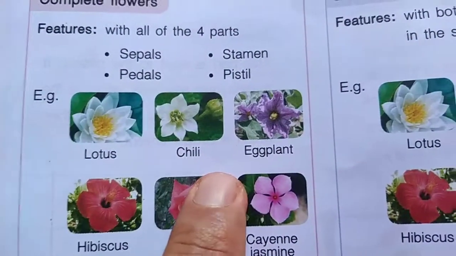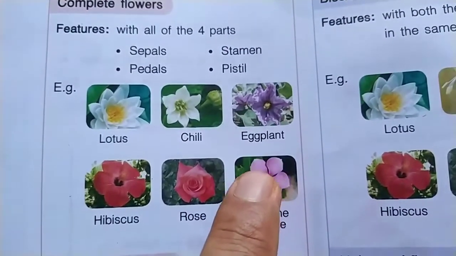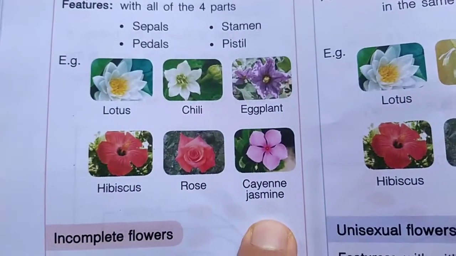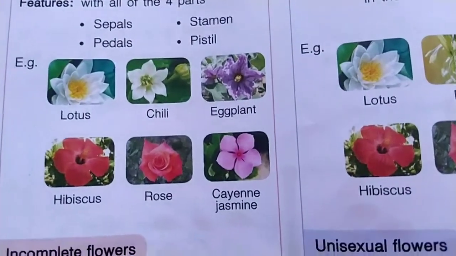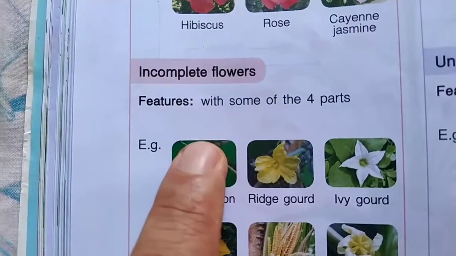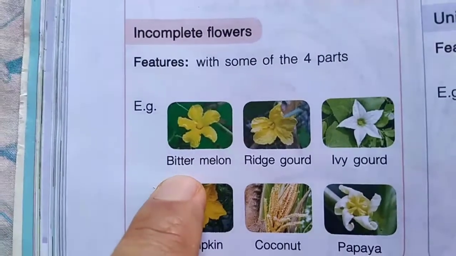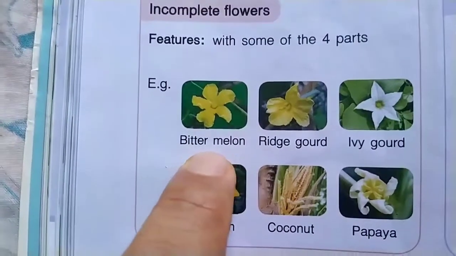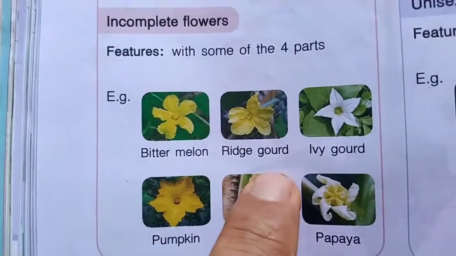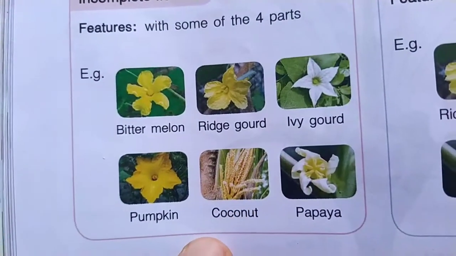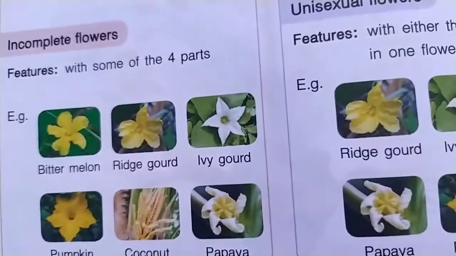Examples: lotus, chili, eggplant, okay? Hibiscus, rose, cayenne, jasmine. Okay, they are complete flowers. Now, the incomplete flowers have some of the parts, but they're incomplete. They include the bitter melon, ridged gourd, ivy gourd, pumpkin, coconut, and papaya.